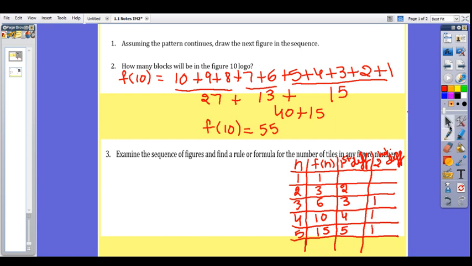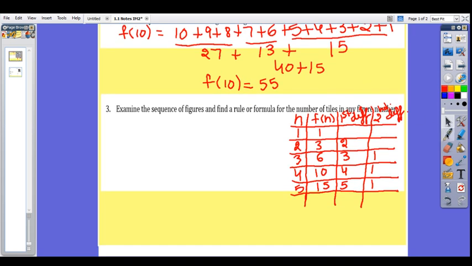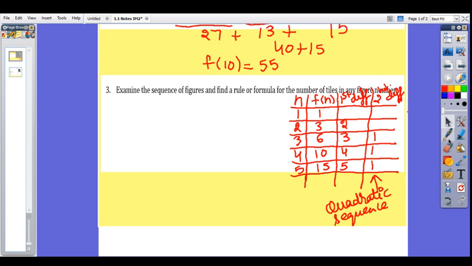So the thing is, if the second difference is a constant, that means it's a quadratic sequence or quadratic equation, meaning that we will be having the n squared term in the equation.